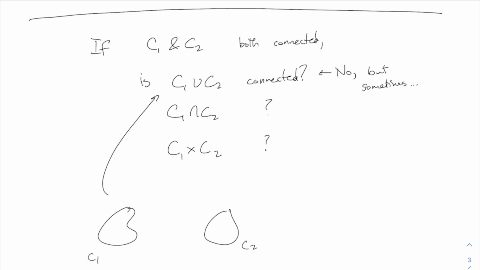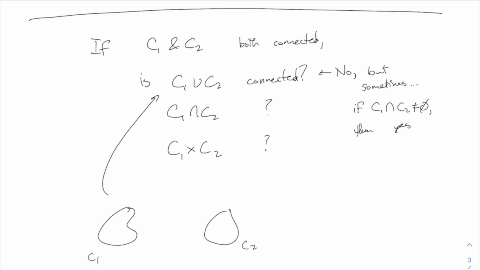Think about under what conditions it will actually be connected. Is it ever possible that they end up being connected if you take the union? You got an idea? If they overlap? Yeah, if they have some intersection, then maybe they will be connected. So the conjecture is, if C1 intersect C2 is not empty, then yes, they would be connected.